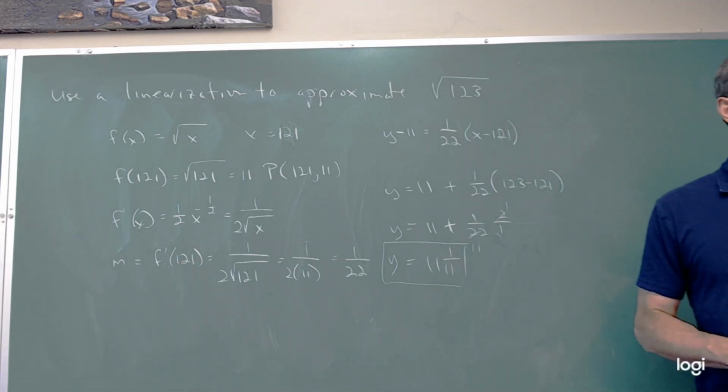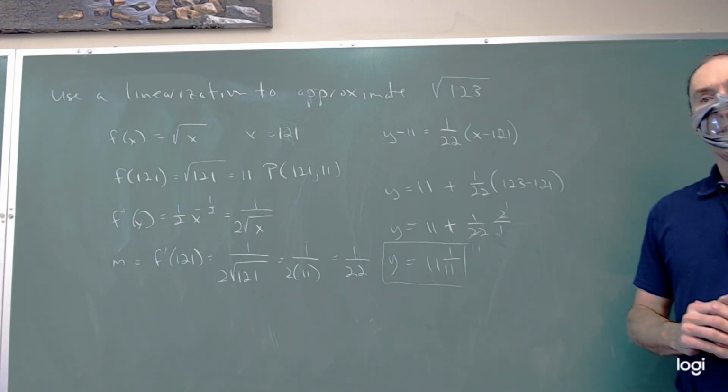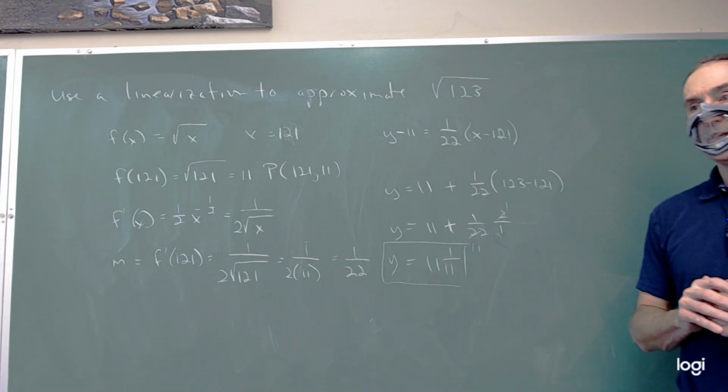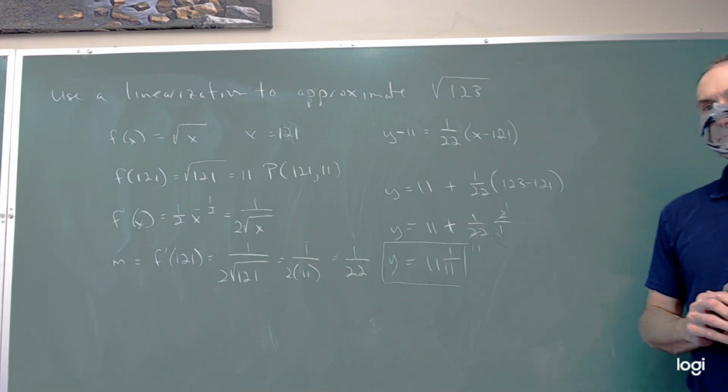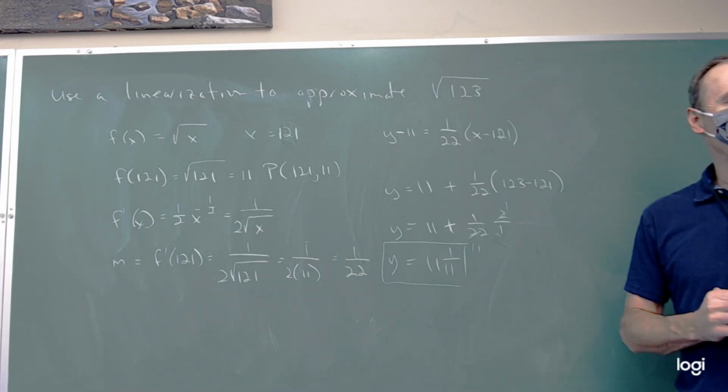Okay? Now, if you're dying to know, you can throw this on your calculator and compare it to the square root of 123 and see how well we did. If you don't care, you don't have to. You're just confident.